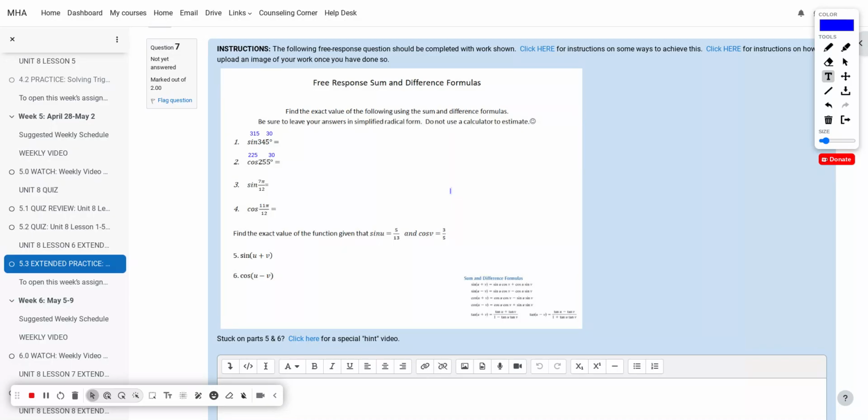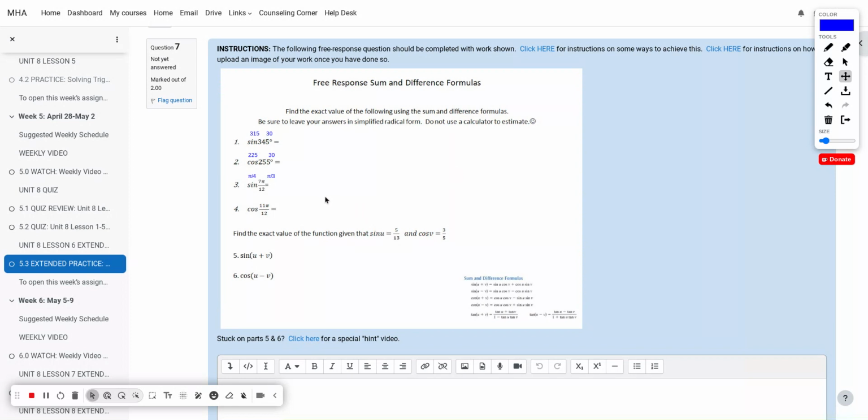The pi Unicode is 03C0. Pi fourths. Pi thirds. I'll probably make another video someday of Unicodes, because they're very useful sometimes.